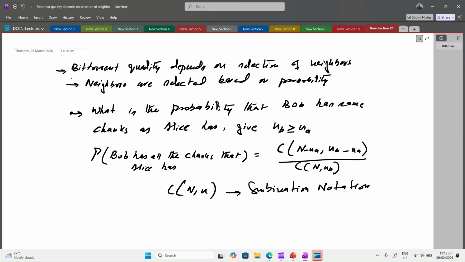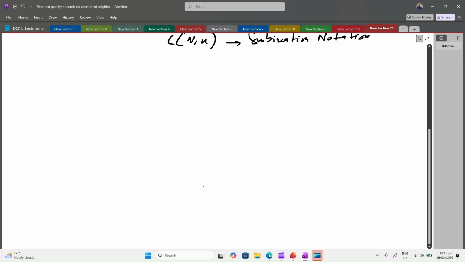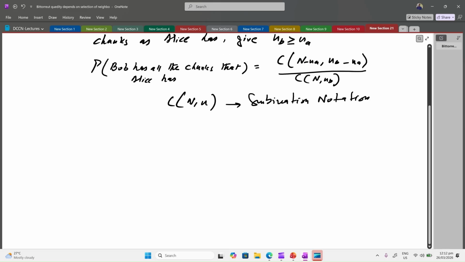This is about selecting n samples out of the total sample space, selecting n out of n, and is known as combination notation.